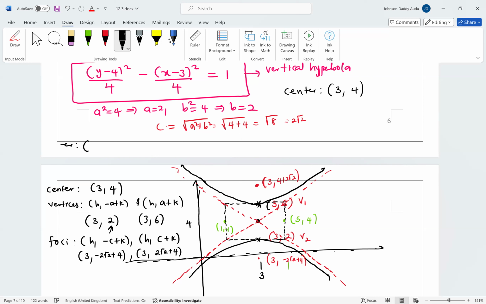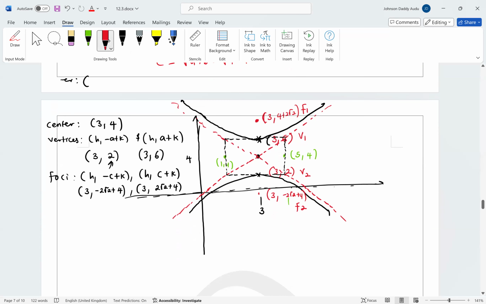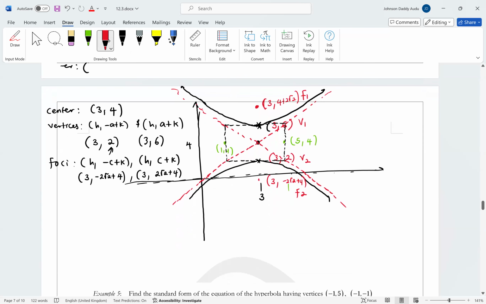So this is why we have these two to be our foci. You can call this one F1, you can call this F2. All right. Then you can get other parameters that you want. But let's just get the asymptotes, the lines of the asymptotes.